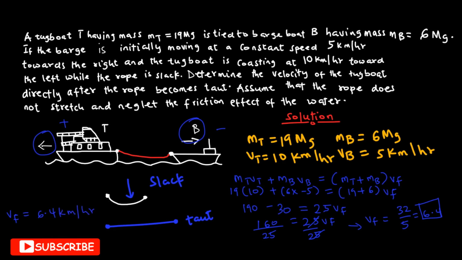Since the rope has become taut, the barge boat and the tugboat are going to have the same velocity. Therefore the final velocity here is the velocity of the tugboat, and at the same time the velocity of the barge boat. So we can see that the velocity of the tugboat after the rope becomes taut is 6.4 kilometers per hour.